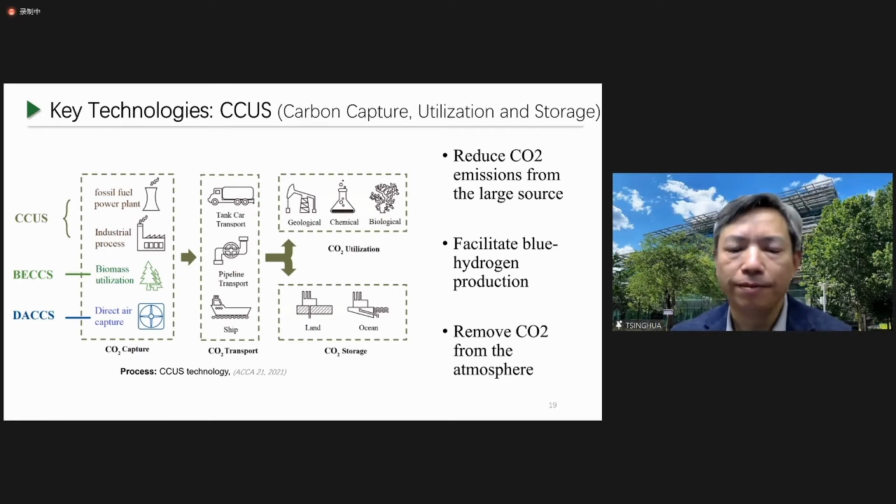So in summary, CCUS can facilitate and ensure the transition to carbon neutrality by addressing emissions from the most challenging sectors, providing an expedient solution to scale up low-carbon hydrogen production rapidly and allowing for CO2 removal from the atmosphere through BECCS and DACCS.